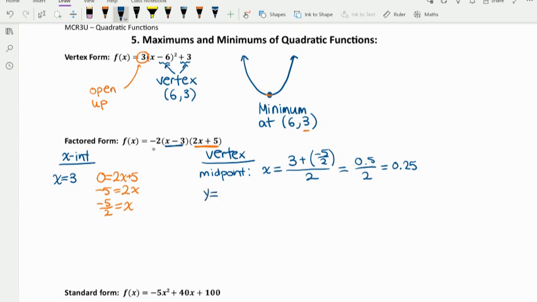We're going to take our function and then plug in 0.25 into x. 0.25 minus 3, 2 times 0.25 plus 5.